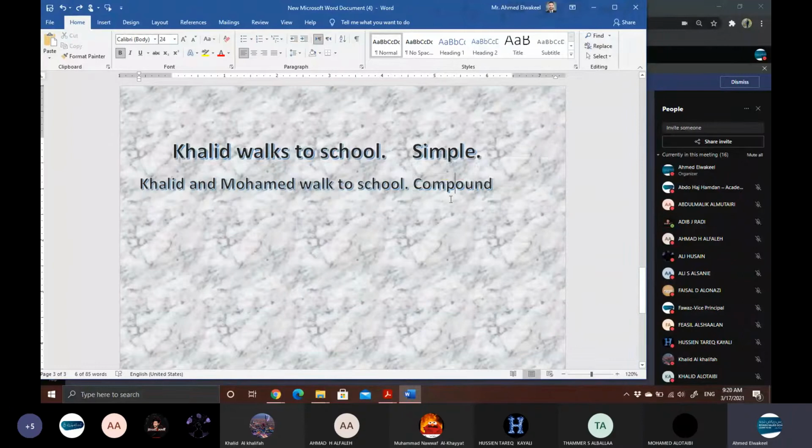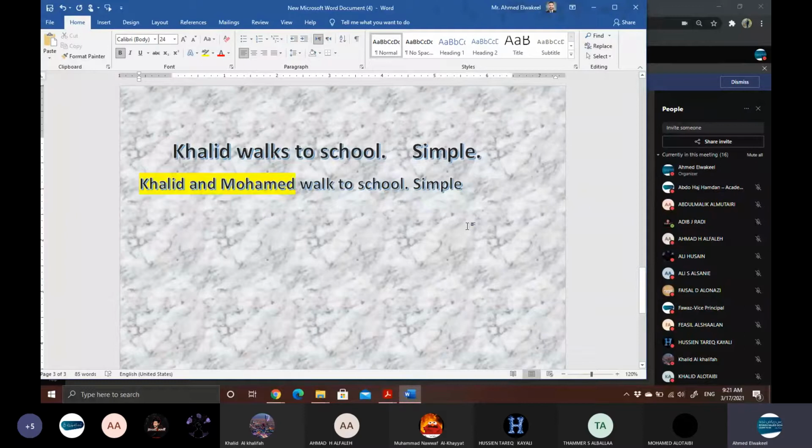Excellent, Muhammad. So this sentence also, Khalid, is a simple sentence, but it has a compound subject. All you did was make a compound subject. But how can I make a compound sentence?